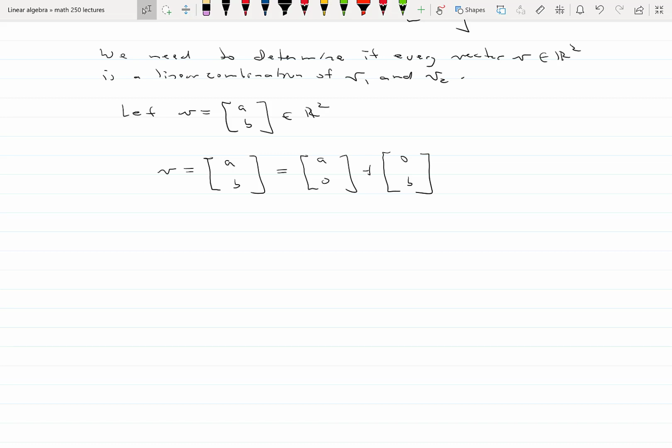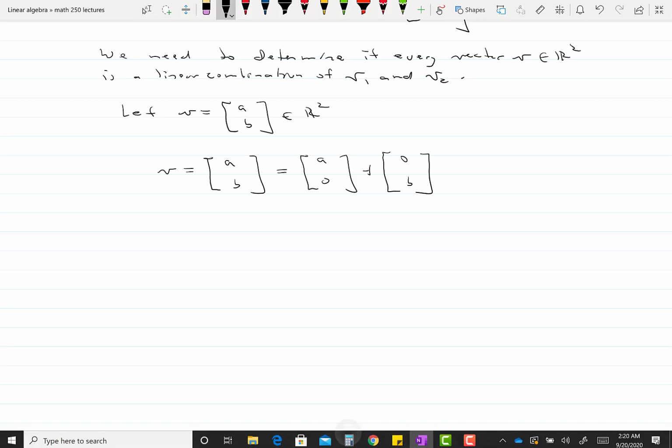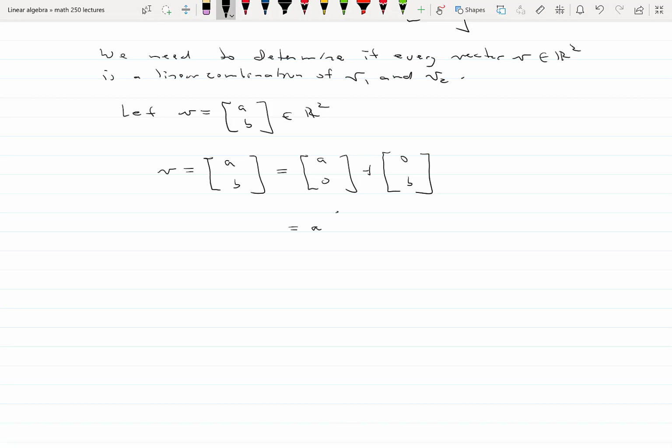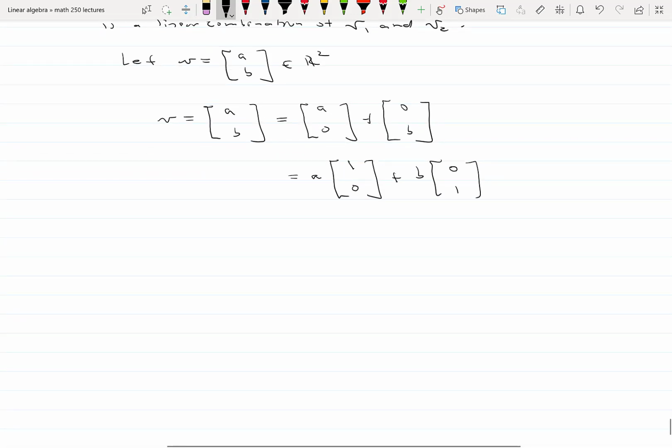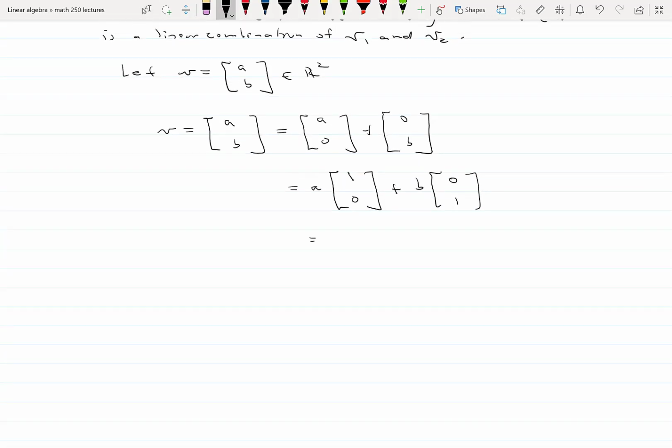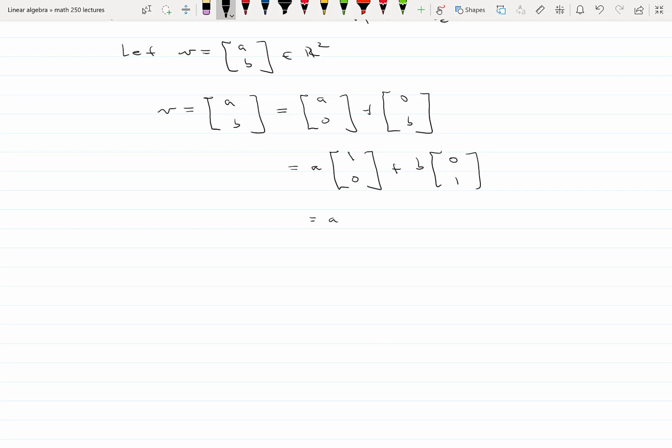So (A, B) as a column vector is (A, 0) plus (0, B). Through scalar multiplication, I can write this as A times (1, 0) plus B times (0, 1). But (1, 0) and (0, 1) are the vectors V1 and V2. So I've shown that any arbitrary vector V from R2 is a linear combination of V1 and V2.